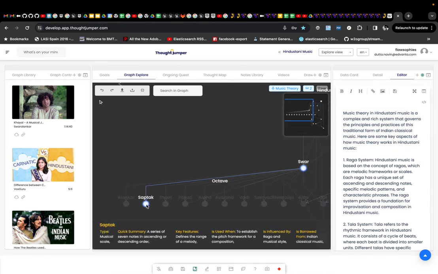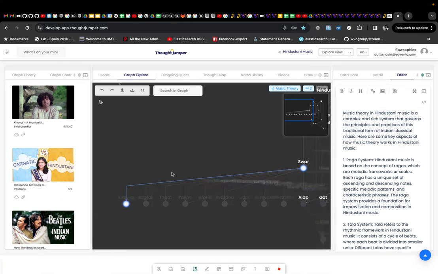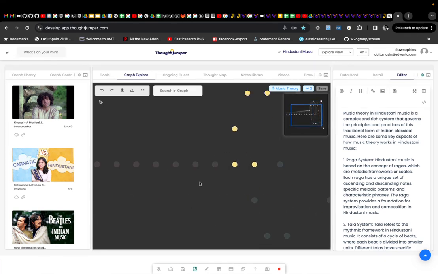Essentially, there are 8 notes, an octave. It's known as saptak, from C to C, sa to sa, and alankar is basically different kinds of musical styles, ornamentations, how you put things together. So that's a nutshell of how music theory works.